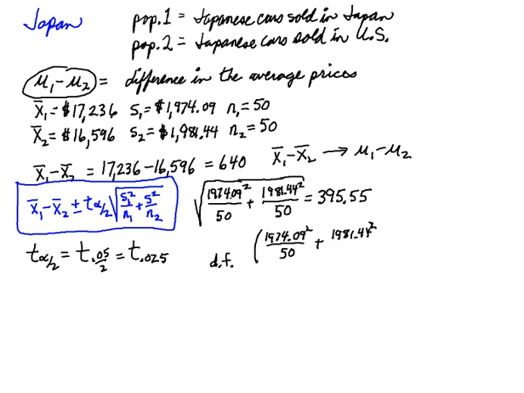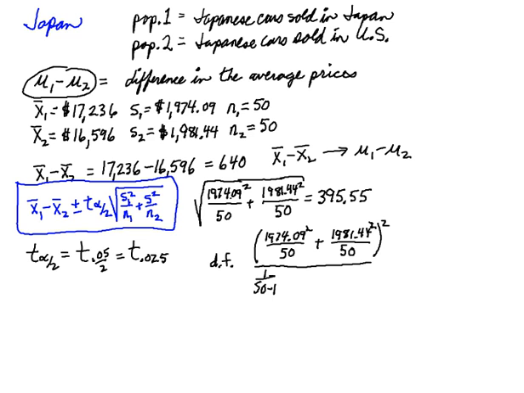Now if you're going to do this calculation in your calculator, you really need to practice it a little bit, because you've got to follow the order of operations and get everything in there and calculated according to the way the formula is laid out. So I'm just putting all my values into the formula.